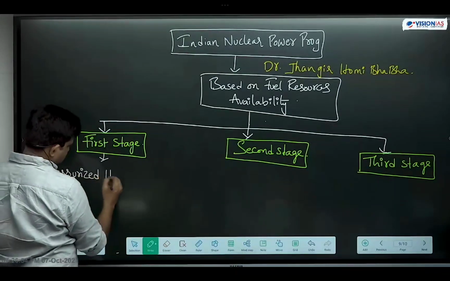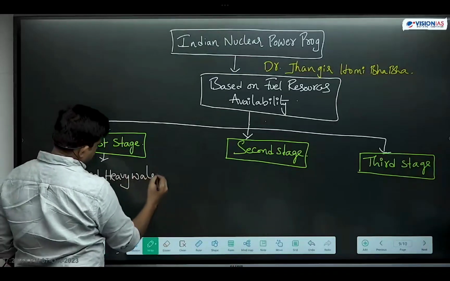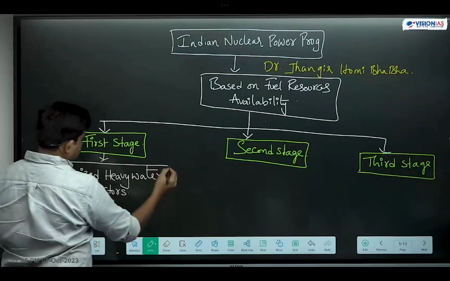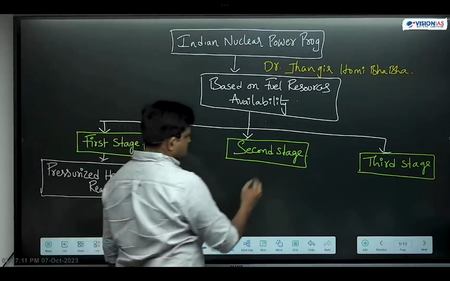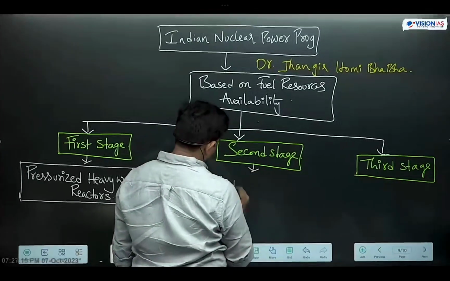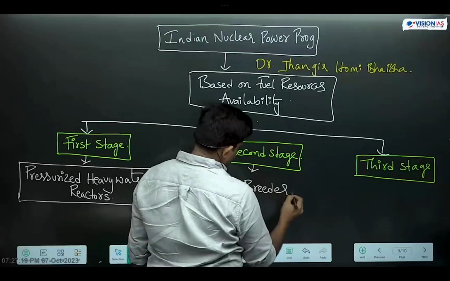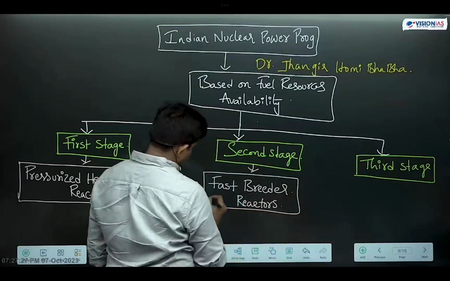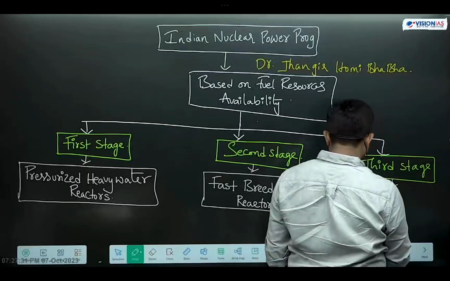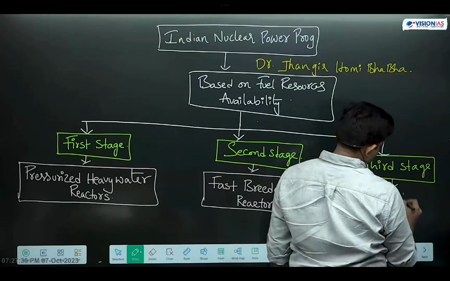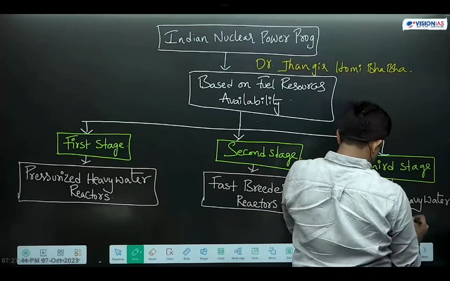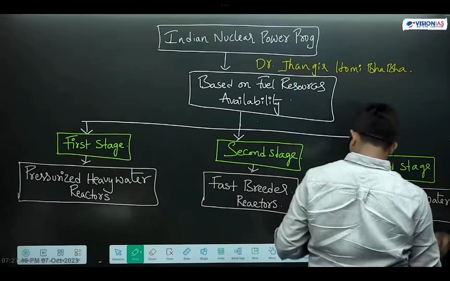The second stage of nuclear reactors is fast breeder reactors. The third stage of nuclear reactors is advanced heavy water reactors.